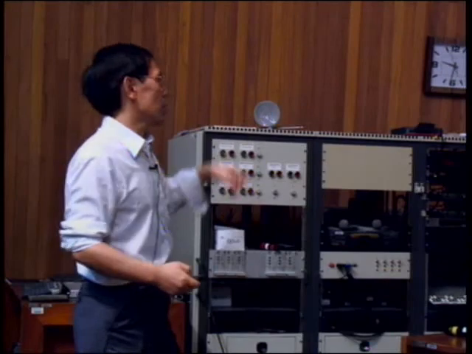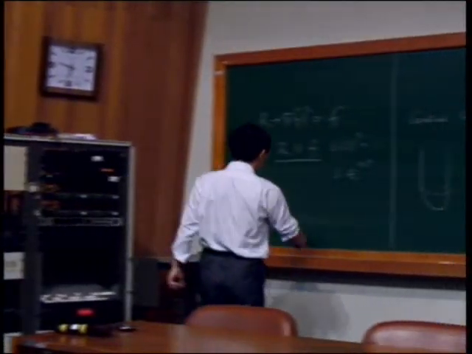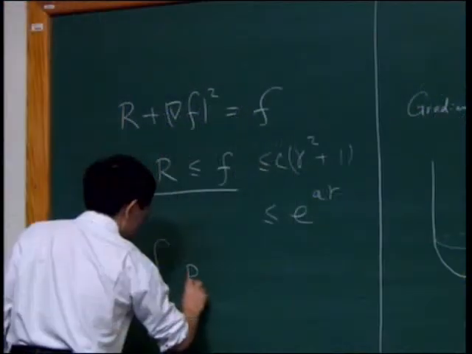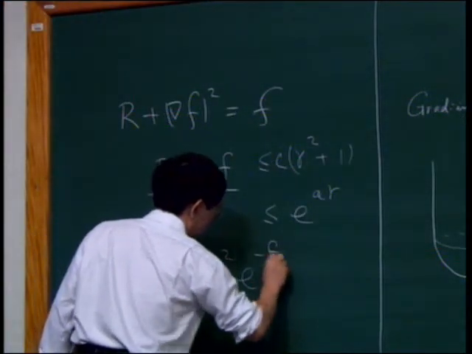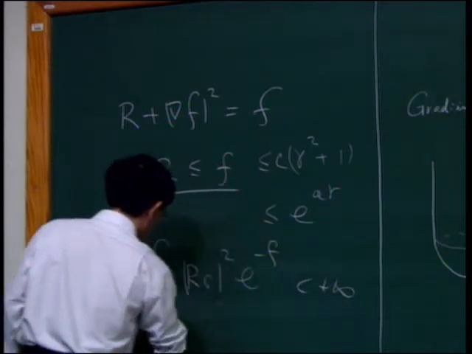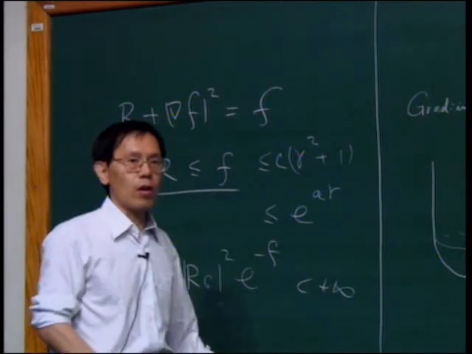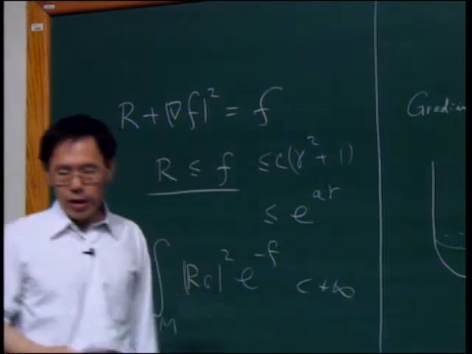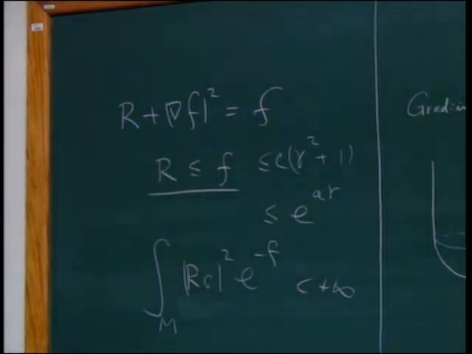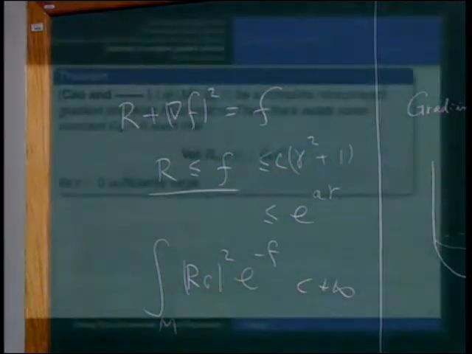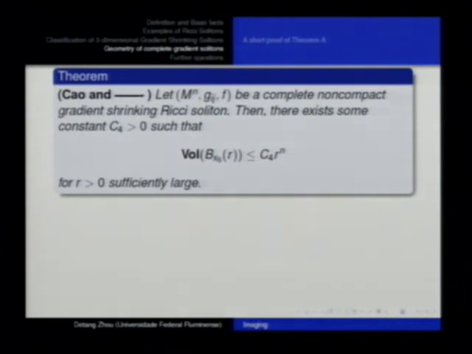Another important thing: if you want to justify this equation, this condition is finite, so you also need information on volume growth. Fortunately, we can prove that without the curvature condition, the volume growth is at most Euclidean. This implies that if you have a sign on Ricci curvature, it is automatically finite.